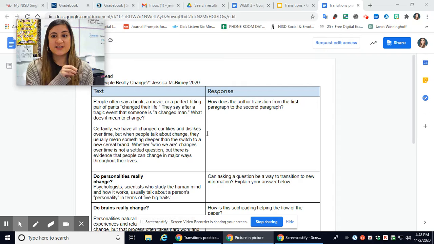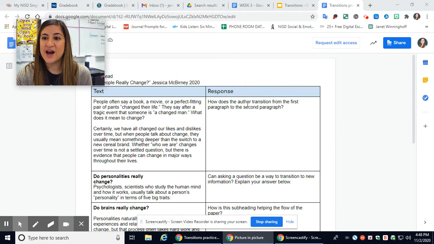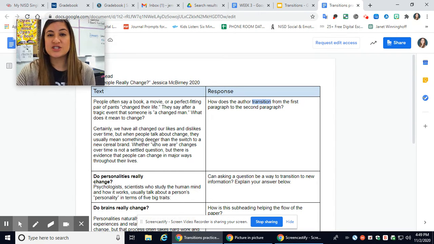On the left-hand side, you're going to see a piece of text, and over on the right, you're going to be responding. For example, let's look at the first one together. It says, how does the author transition from the first paragraph to the second paragraph?